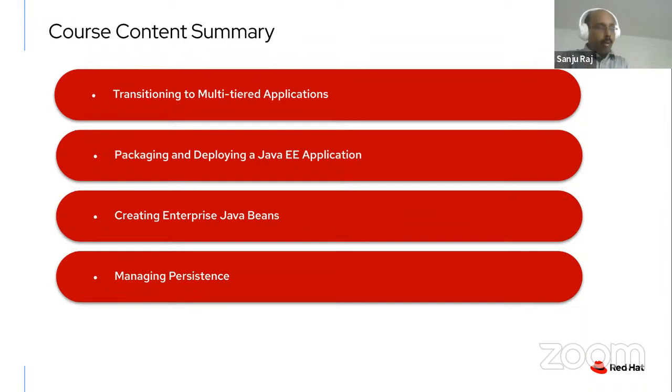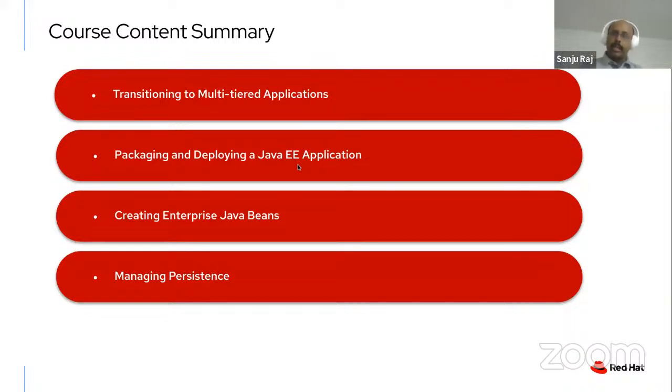I will learn how the Java Community Process works, how to decide on a specification, what the multi-tiered application architecture looks like, and what development tools I need to install to create my Java Enterprise Edition applications.